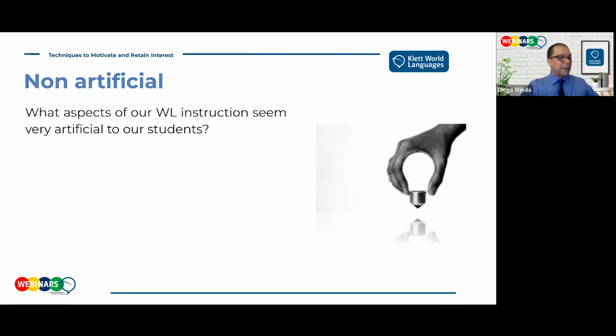When we bring up activities that are taken from different tools that do not connect with the student's reality, that's artificial.